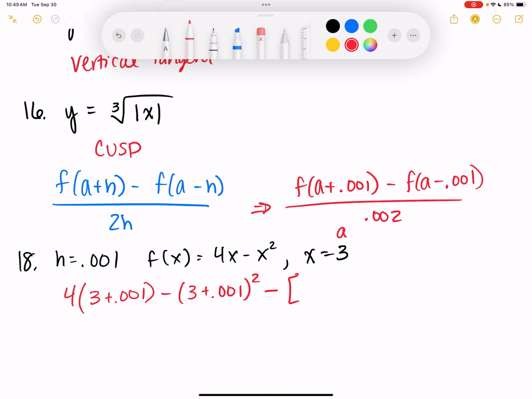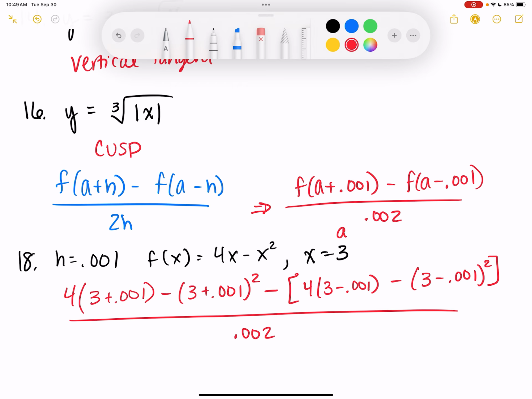That's just the first part. Then I'm doing the a minus 0.001: 4 times 3 minus 0.001 minus 3 minus 0.001 squared, and then all over 0.002.